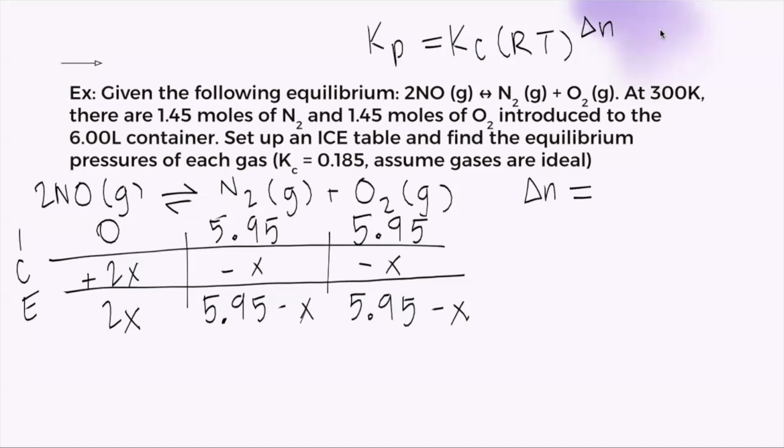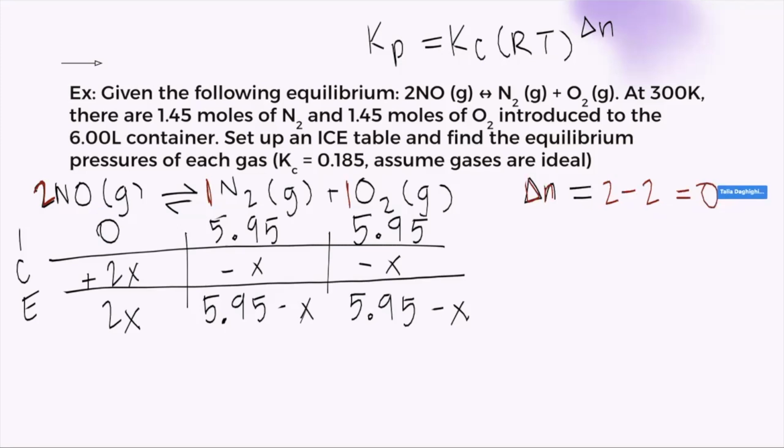Okay, so before we plug everything into our equation, let's figure out delta N. So we know that delta N is going to be the moles of the products that are gases minus the moles of the reactants that are gases. And we're going to figure that out by looking at the coefficients. So each product has a coefficient of 1, and the reactants have a coefficient of 2, which means that the delta N is 2 minus 2, which equals 0.